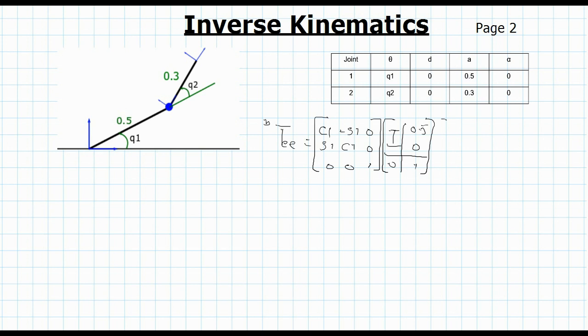Moving on to the second row. Okay, in the second row we have Q2, so cosine of Q2 is C2, minus S2, S2, C2, 0 0 1 0 0 1, and then we have an identity rotation followed by a translation along the local x-axis of 0.3.